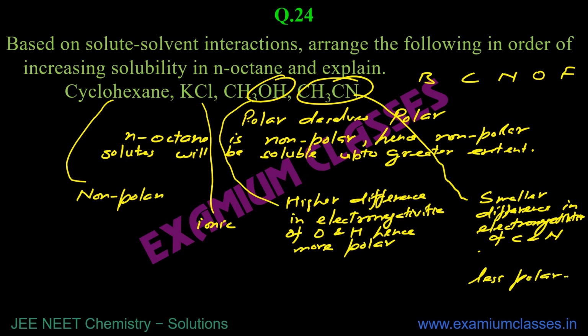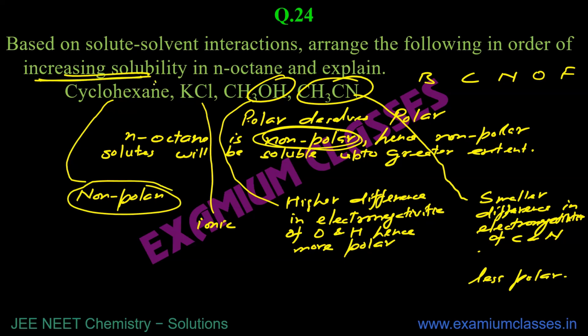So for solubility, you will arrange them from most polar to non-polar. Most polar will be least soluble because n-octane is non-polar, so non-polar will be most soluble. So if I write in increasing order of solubility, cyclohexane will be most soluble, so this will be in the last.